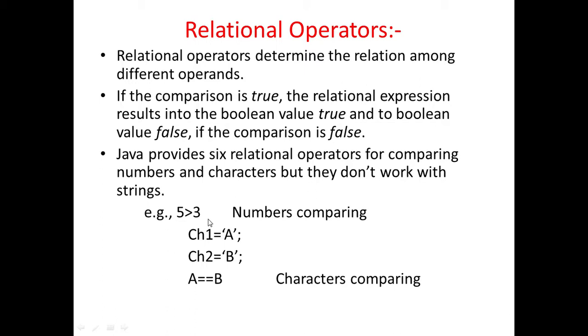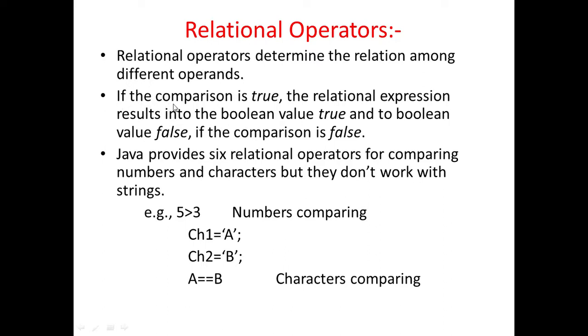Yes, so it will give the Boolean value true. So if the comparison is true, meaning whatever you are writing is true, then this relational operator will result in the Boolean value true. You know Boolean values, true and false are the two Boolean values. Okay, sometimes null is also considered a Boolean value.